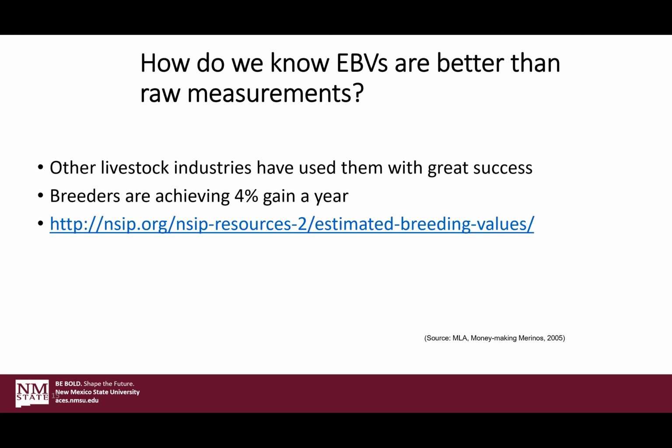Certainly it shouldn't be used exclusively as a tool, as structure, disposition, and the like are just as important. But we want to have everything we have in our toolkit to make progress, right? So 4%, they are seeing that breeders in the sheep industry that are using EBVs right now, and again, this is early in the game, relatively, are seeing a 4% gain.